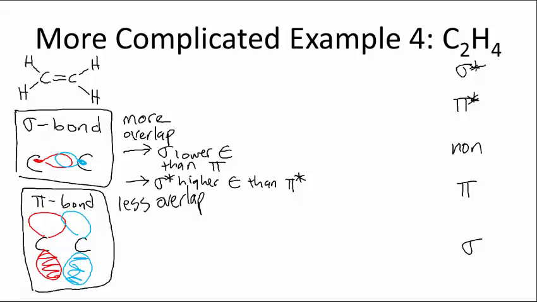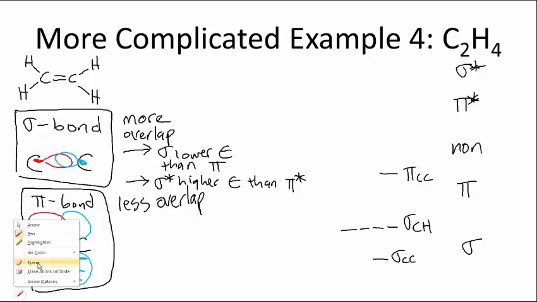So among the sigma orbitals, we're going to, again, just arrange them by electronegativity. So I have CC and CH. I would put CC a little bit lower than sigma CH, and I've got 4 sigma CHs. Next up is going to be pi CC. We have no non-bonding orbitals in this molecule.